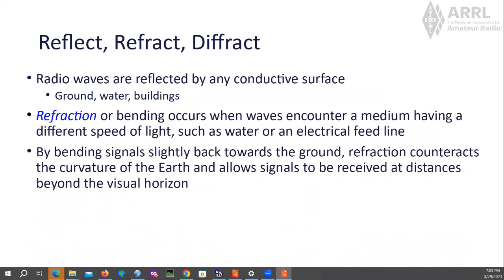By bending signals back towards the ground, refraction counteracts the curvature of the Earth and allows signals to be received at a distance beyond the visual horizon.